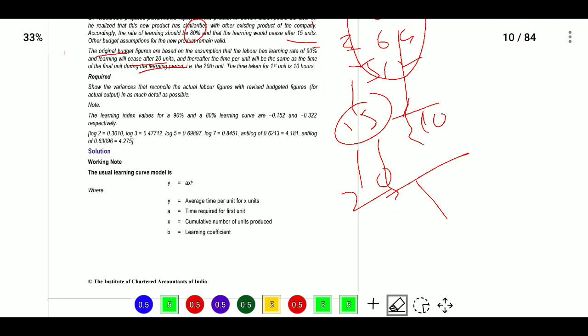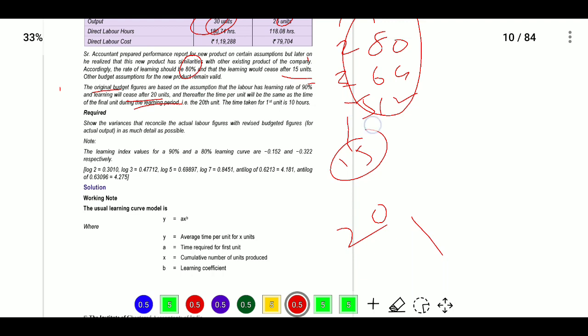For the actual position, up to 15 units we will have the information of 80% decreasing, and after 15 we don't know.